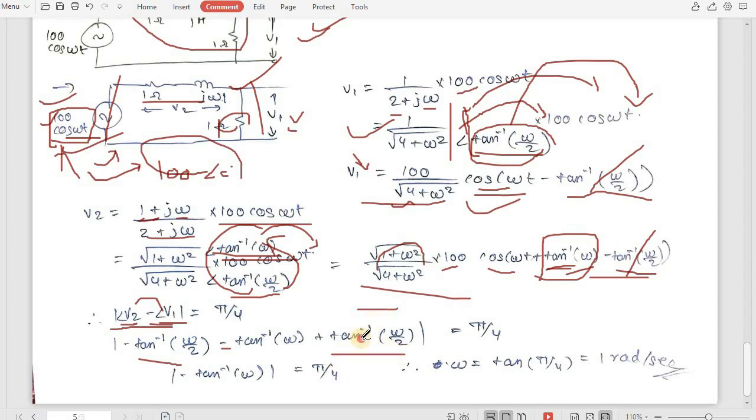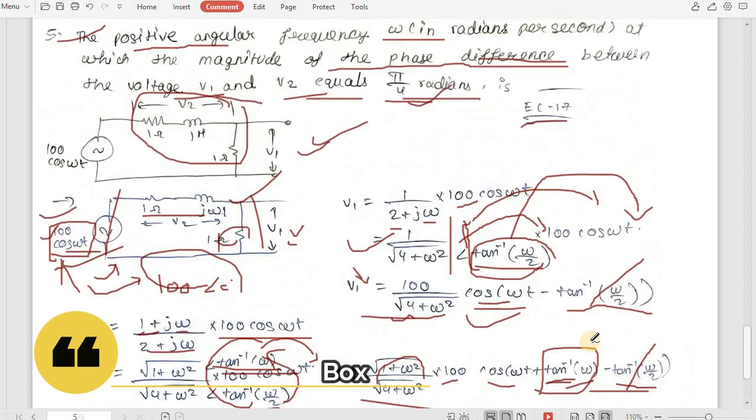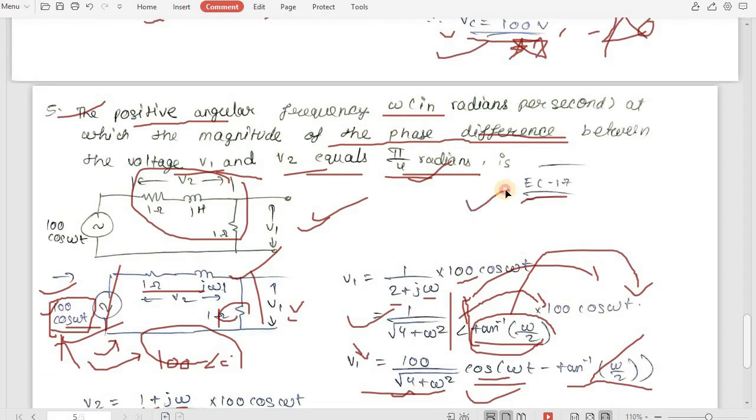So this tan inverse of omega by 2 and minus tan inverse of omega by 2 cancel, and we will get minus tan inverse of omega. The mod of minus is positive, so we get tan inverse of omega equal to pi by 4. Now if we take tan inverse on this side, we will get omega equal to tan of pi by 4, right? Tan of pi by 4 is 1. So our omega will be 1 radian per second. So the answer for this question is 1 radian per second.